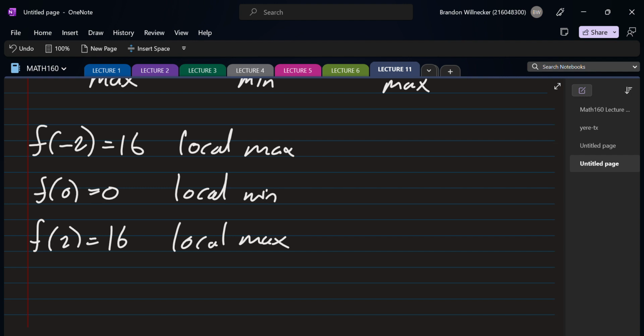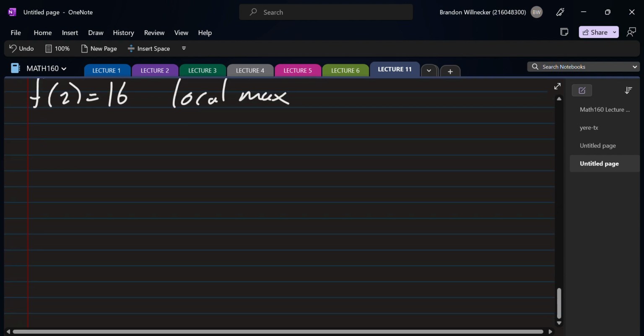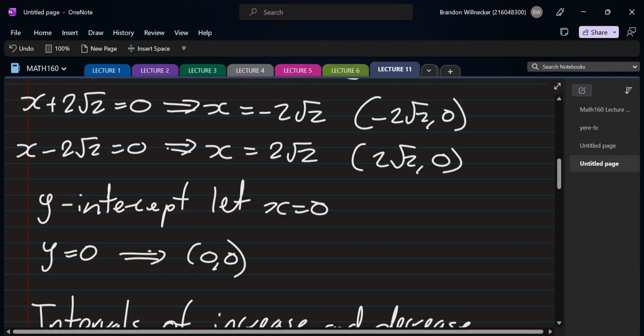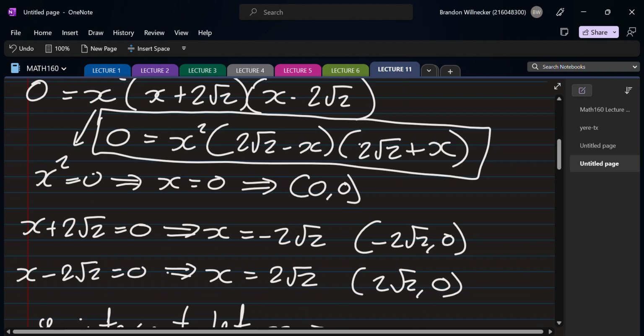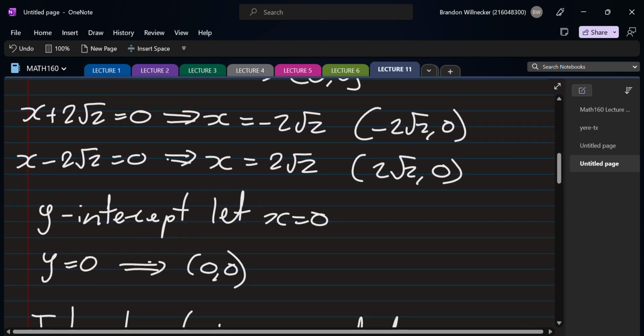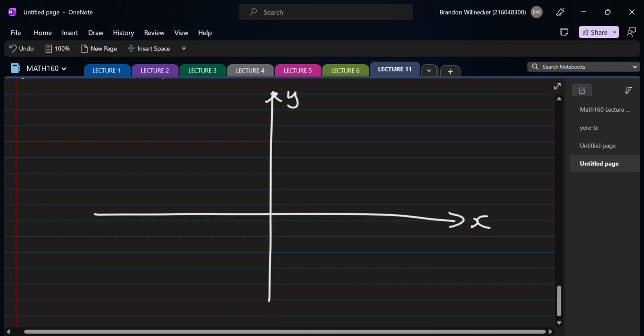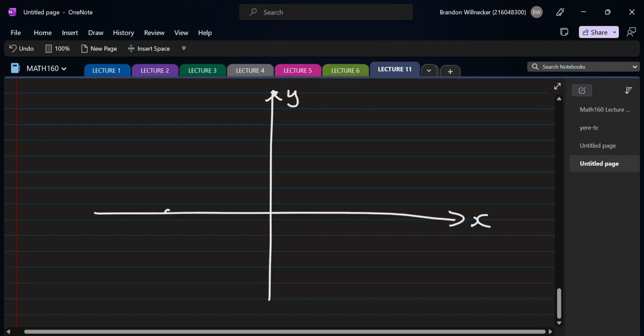Okay, so what's this going to look like? We have x and y. Let's put in our intercepts. So if we go right back to the top, the x-intercepts, they were 0, minus 2 root 2, and 2 root 2. Okay, so we can put those in. So somewhere over here, again, doesn't need to be exact, but roughly correct.